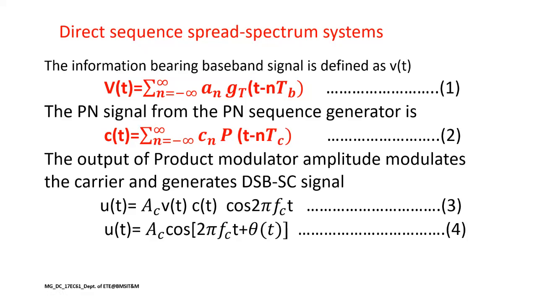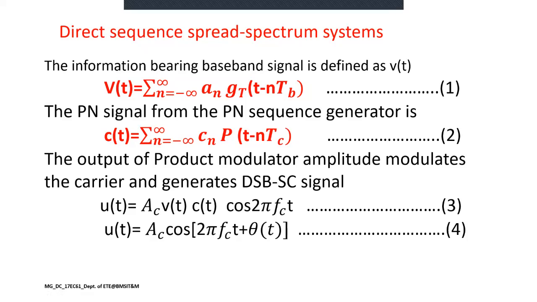So this is a shifted version, and a_n is the magnitude of that signal. The value of a_n can be plus or minus 1.